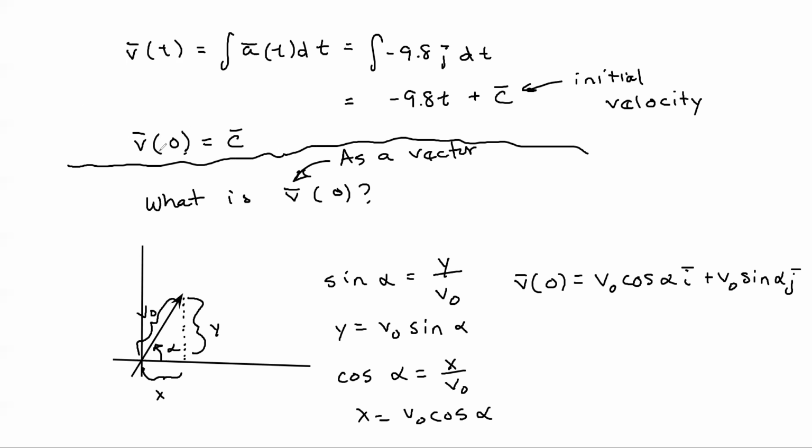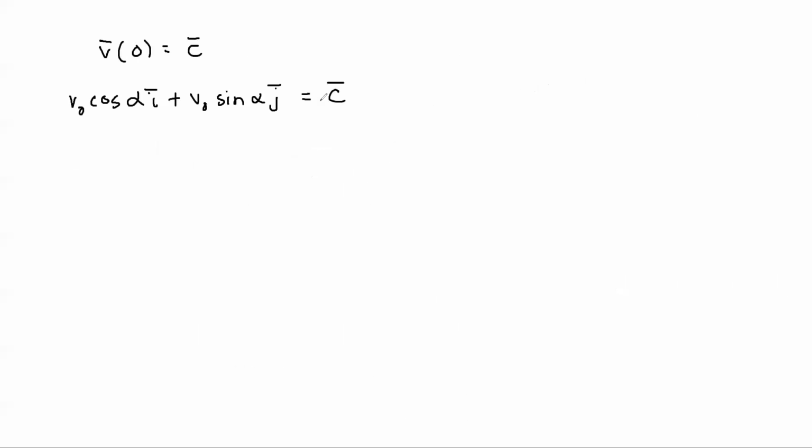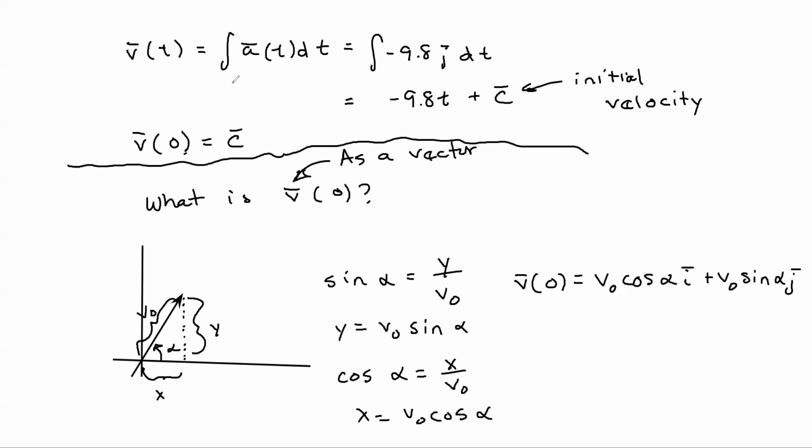the left-hand side. Okay, and so once we've done that, that gets us what c is, and now we want to take that c and plug it into our velocity vector function. So our velocity vector function is negative 9.8 t j plus c, and then we just figured out what c is.